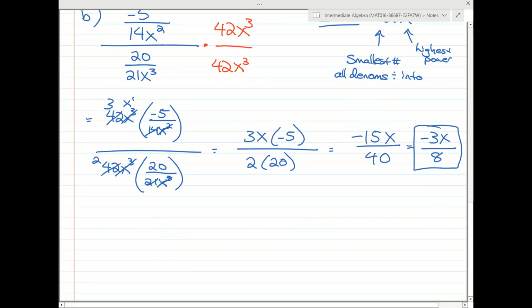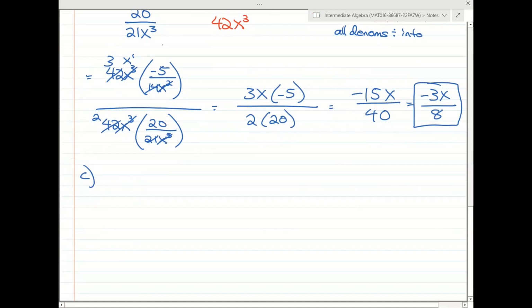All right, let's move on to the next one, C. It says 4 over 5 minus 7 over x, all divided by 5 over 6 plus 1 over x squared.